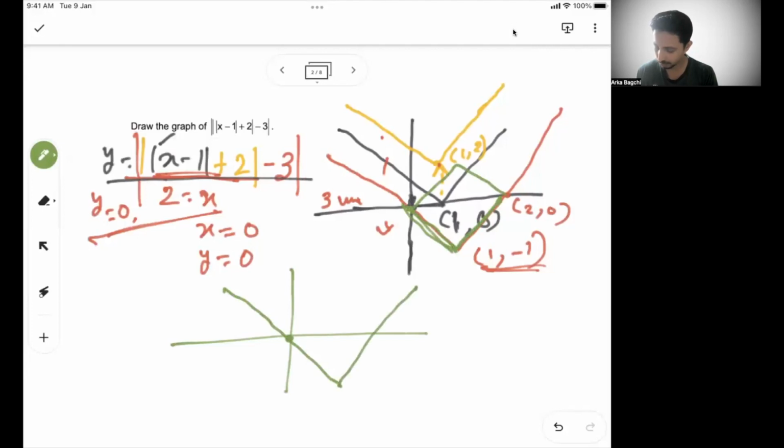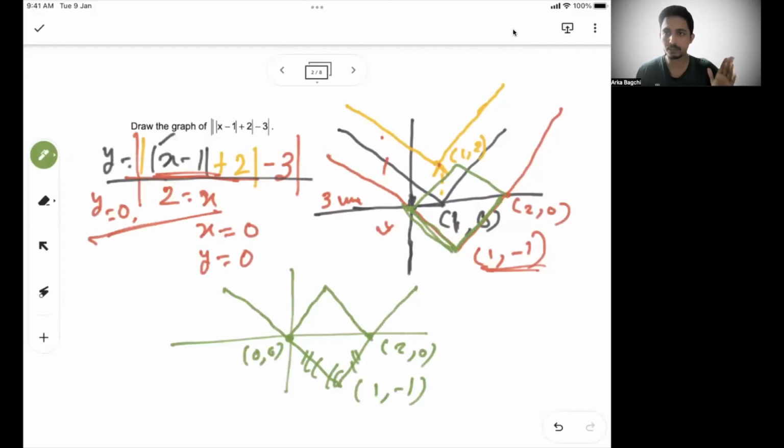The graph was like this, where it is 2 comma 0 and 1 comma minus 1, and this is 0 comma 0. Now because of mod, this section will be shifted to the top like this. This section will be shifted towards the positive side because the number cannot be a negative number.